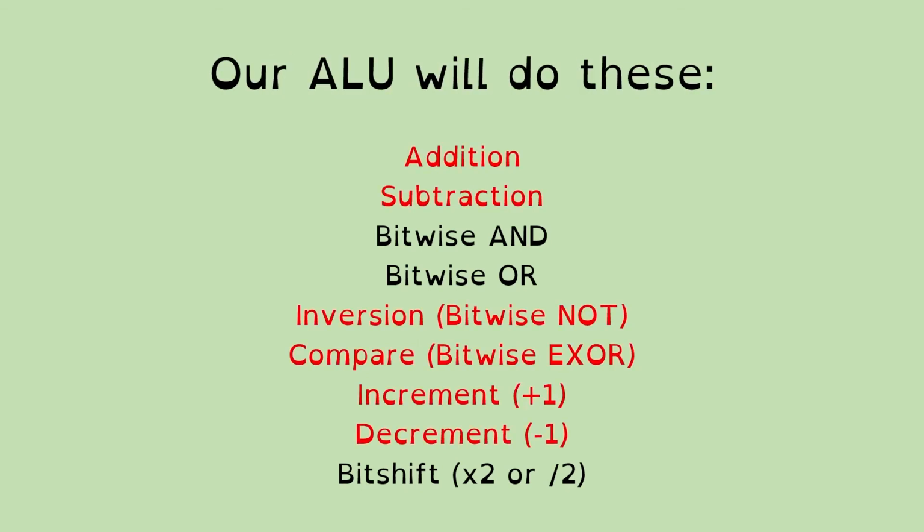Okay, so our ALU, this is not being picked at random. This is after quite a bit of consideration of how to make the hardware fairly simple, but the most versatile that I can think of. We're going to do addition, subtraction, inversion, comparison, increment, and decrement. So we're not going to do bitwise AND, bitwise OR, or the bit shifting.